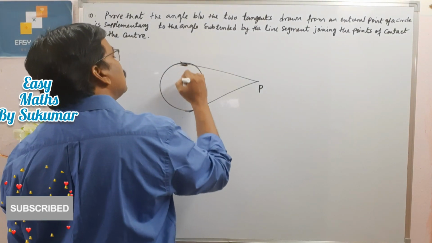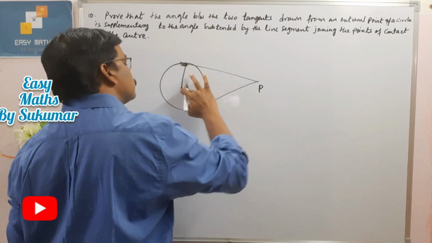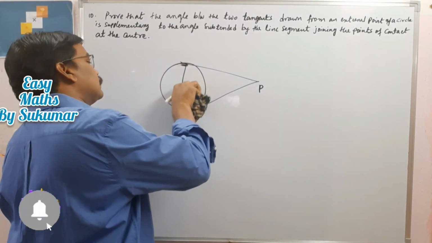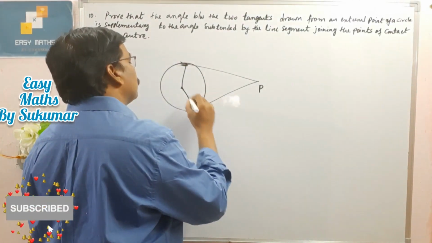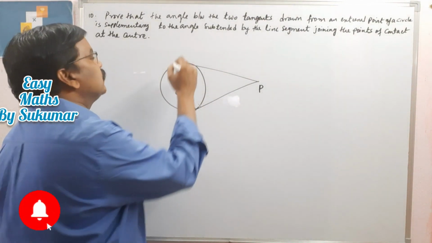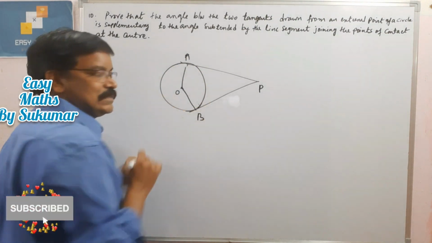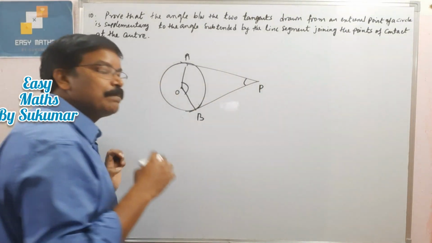Okay, that means let me take a circle here first. Here there are two tangents drawn from this external point of a circle. These two are the line segments. O is the center of the circle. Here these two, A and B, are the points of contact. So here this angle and this angle are supplementary.